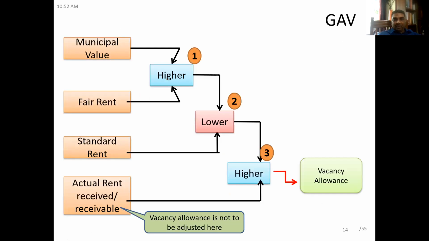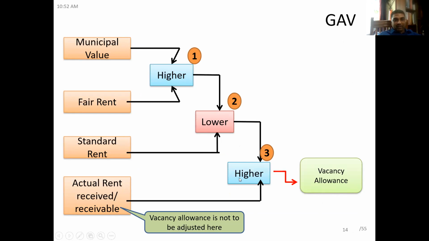So vacancy allowance, finally, when you will be comparing the reasonable expected rent with the actual rent, at that time, after comparison, vacancy allowance will be reduced. So first you take municipal value and fair rent, whichever is higher, step 1. Compare it with standard rent, whichever is lower, step 2.